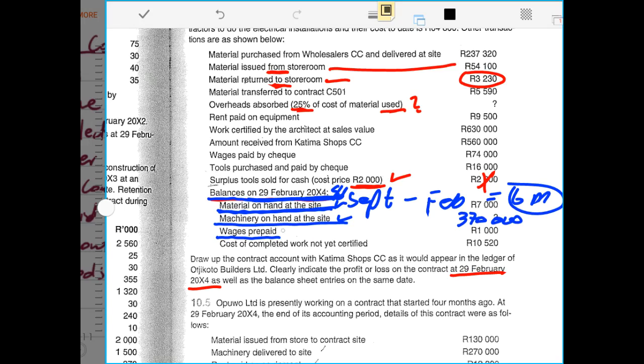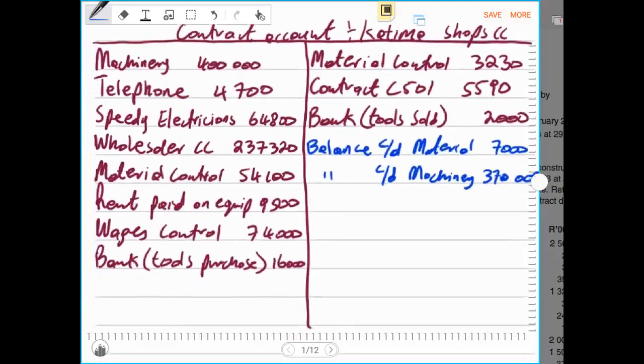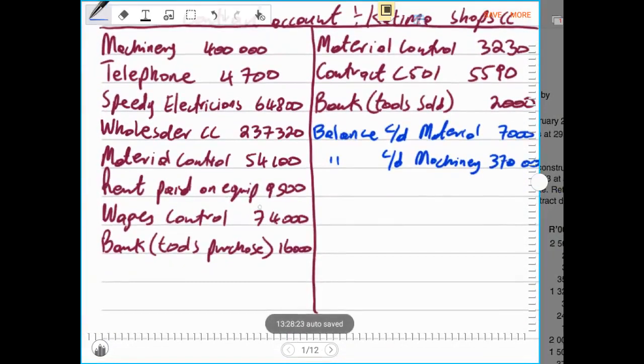And again, this is wages prepaid, so the balance carried down of the wages prepaid will be on the credit side. That is why the wages will also be recorded as 1,000 on the credit side. And remember, the wages that we see here, 74,000, include 1,000, and that 1,000 is not for this period.